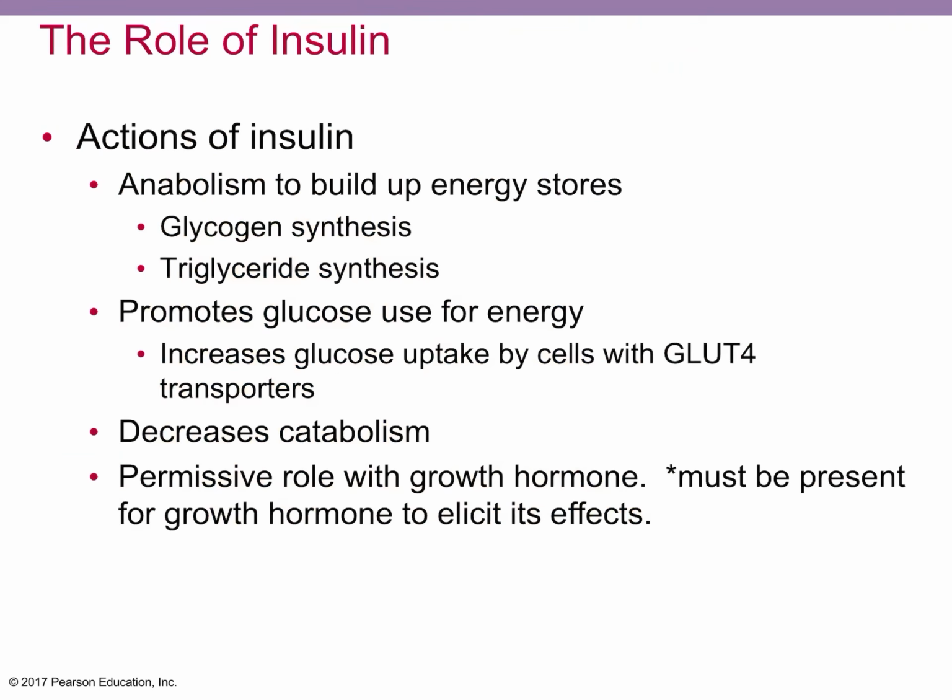So this is just what I was talking about, right? Actions of insulin. It's an anabolic hormone. It's going to build up our energy stores as glycogen and as fat. It's going to promote glucose for energy use.